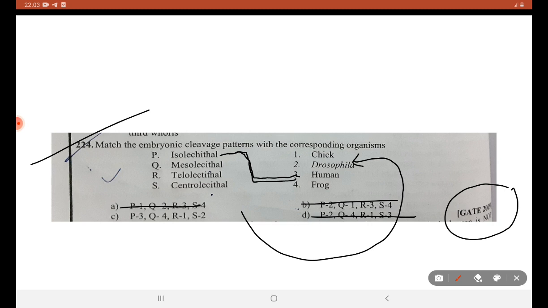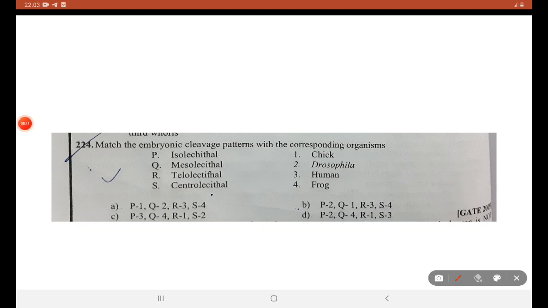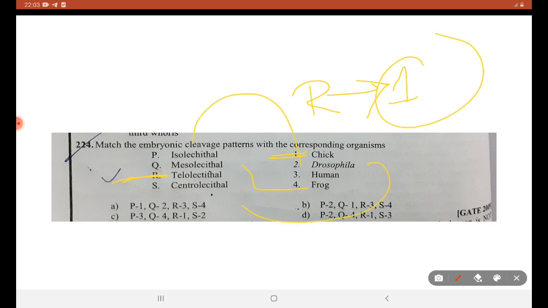Telolecithal is chick. And mesolecithal is frog. One new and important thing we have seen here is that telolecithal corresponds to chick.